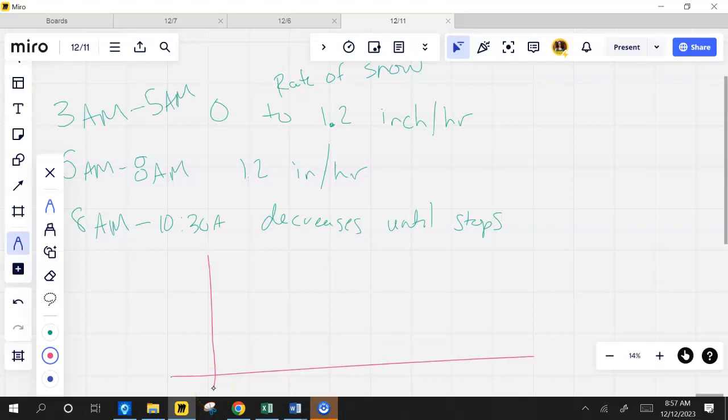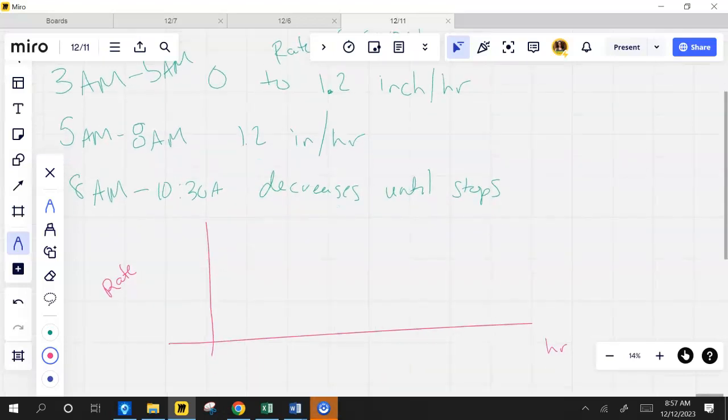I'm gonna graph the rate on the y-axis, and my x is still gonna be my hours. X is always your time. I'll start it at 3 a.m. and go every hour: 4, 5, 6, 7, 8, 9, 10, 11 a.m.